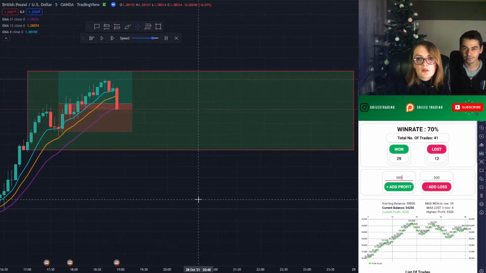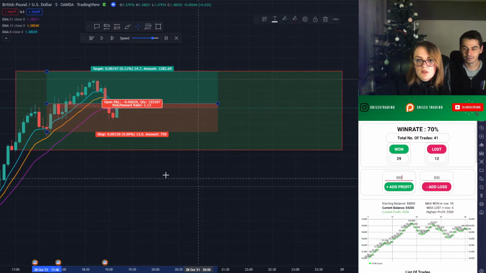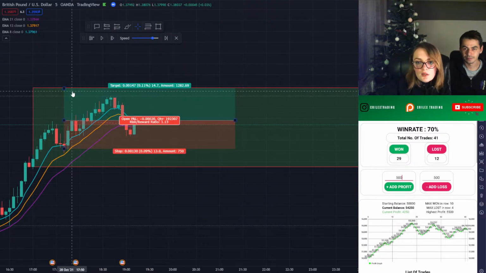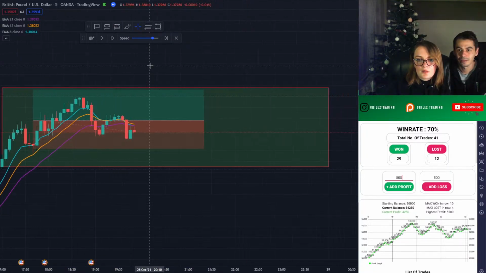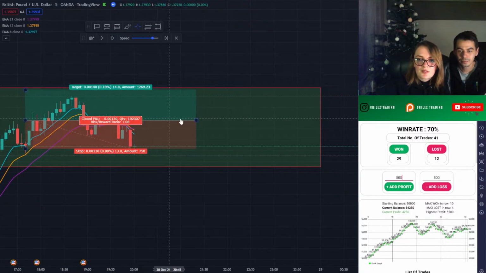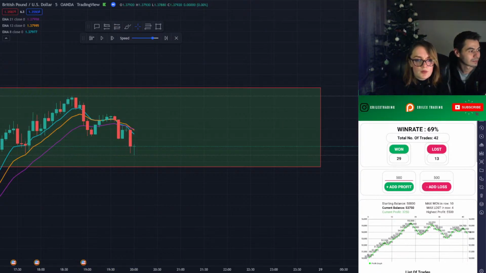The take profit is quite high, but this is a full loss. Okay, and this is on 28th October.